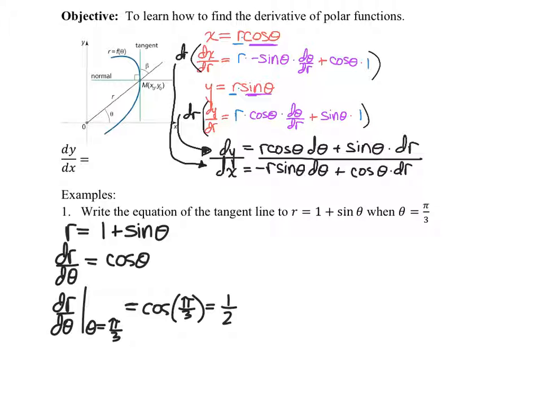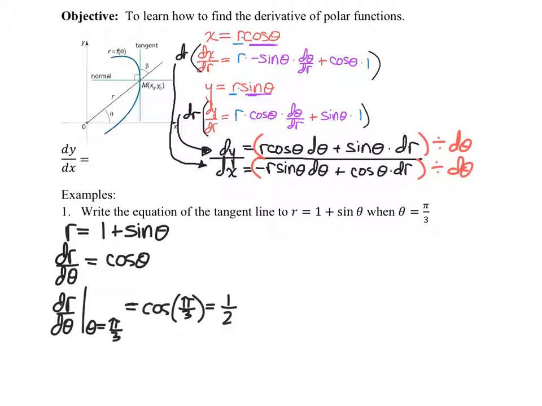So a simple way of handling that would be to divide each part of the fraction by d theta. All right, so top and bottom of the fraction, divided by d theta.